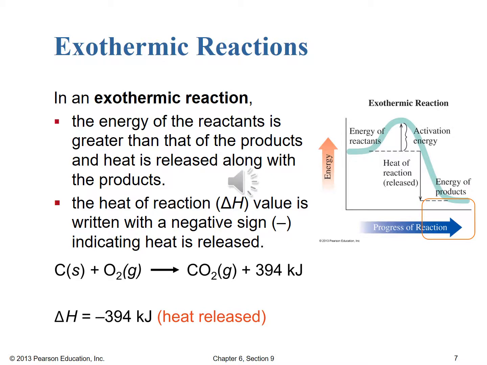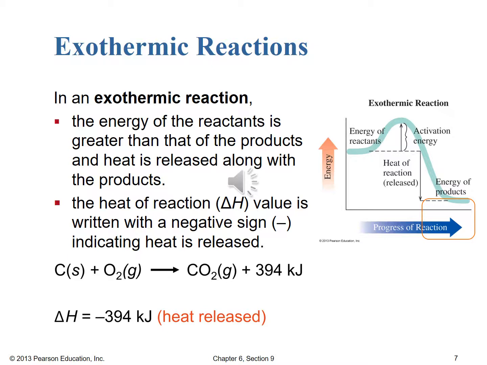And so here we see that fulfilled. In an exothermic reaction, the energy of the reactants is greater than that of the products, so heat is released along with converting those reactants into products. And because we're comparing the products to the reactants, our deltas in chemistry are always reactants being taken last, products being considered first.